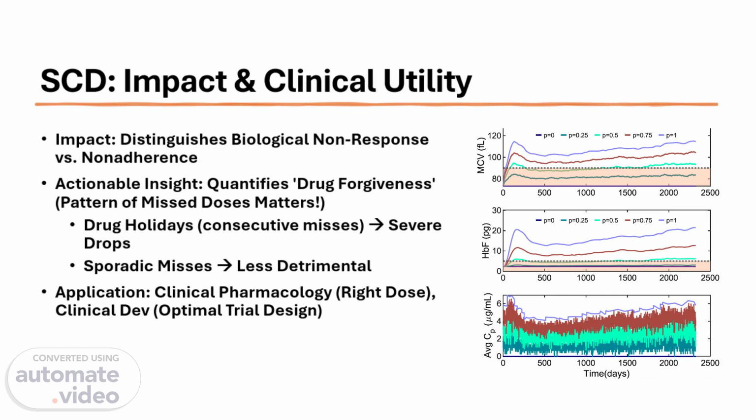We found that drug holidays, consecutive misses, led to severe drops in therapeutic effect, whereas sporadic misses were less detrimental. This has direct application in clinical pharmacology for determining the right dose and in clinical development for designing optimal trials, enabling personalized counseling for adherence and improved patient outcomes.